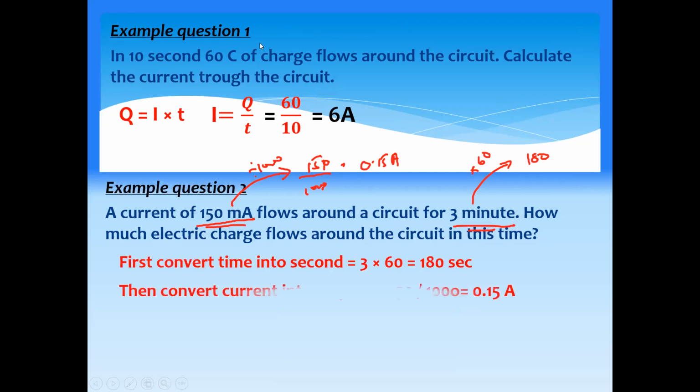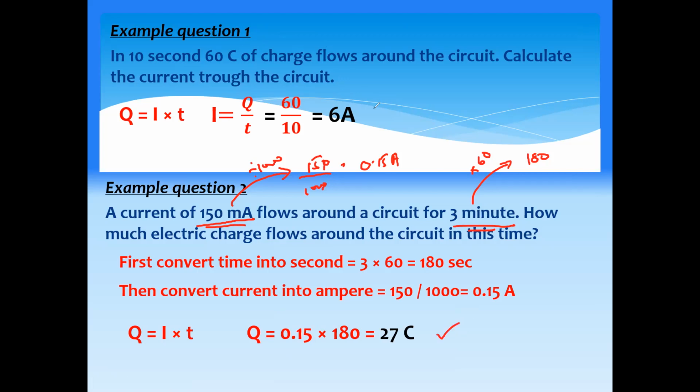So first convert the time into seconds, then convert milliampere into ampere, and then use the formula. Current is charge divided by time, so charge is current multiplied by time. So 0.15 multiplied by 180 equals 27 coulombs. Because in this question we are finding the charge, whereas in the previous question we were finding the current. Is it clear, the two examples?